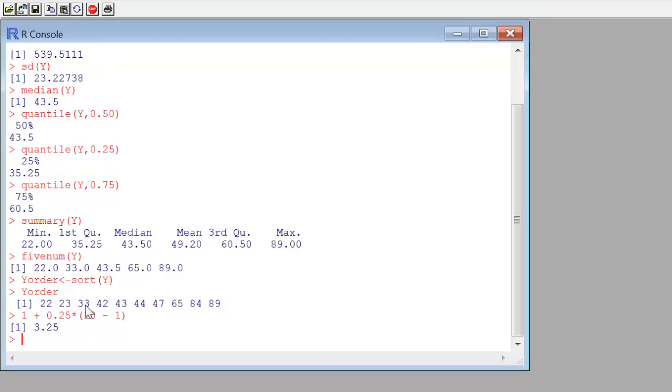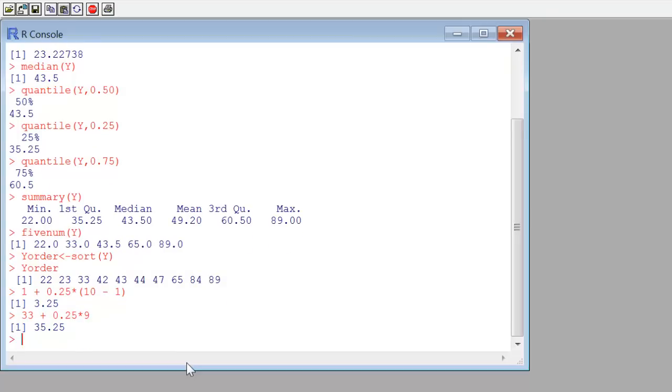33 is in the third position, so we know that it's at 33 plus a bit extra, namely 0.25 into this gap between 33 and 42. Now the gap is 9 wide, so if we were to take 0.25 of that 9 wide gap and add it on top of the 33, there we go.